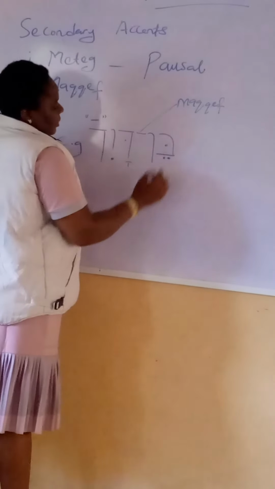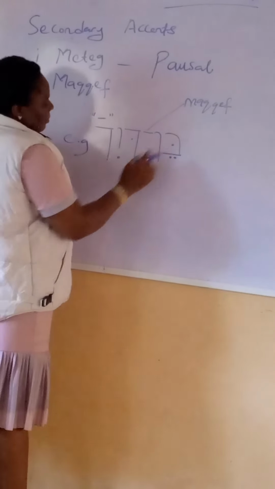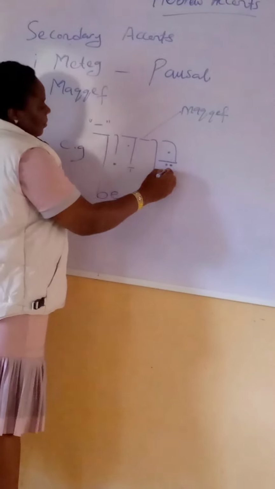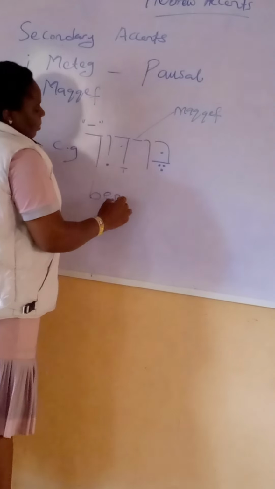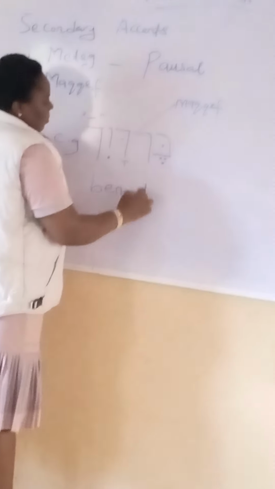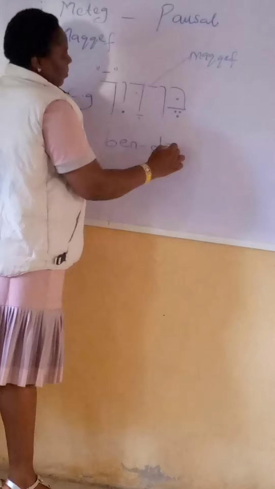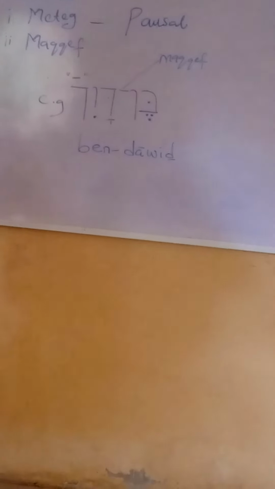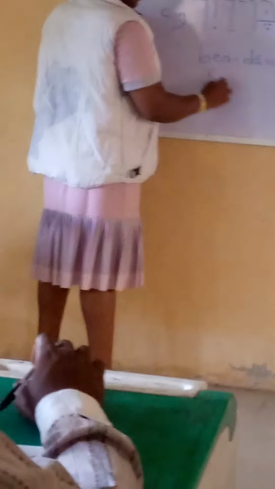And if you transliterate this, it will be ben, then it will be a hyphen, then David. Ben-David. That is son of David.